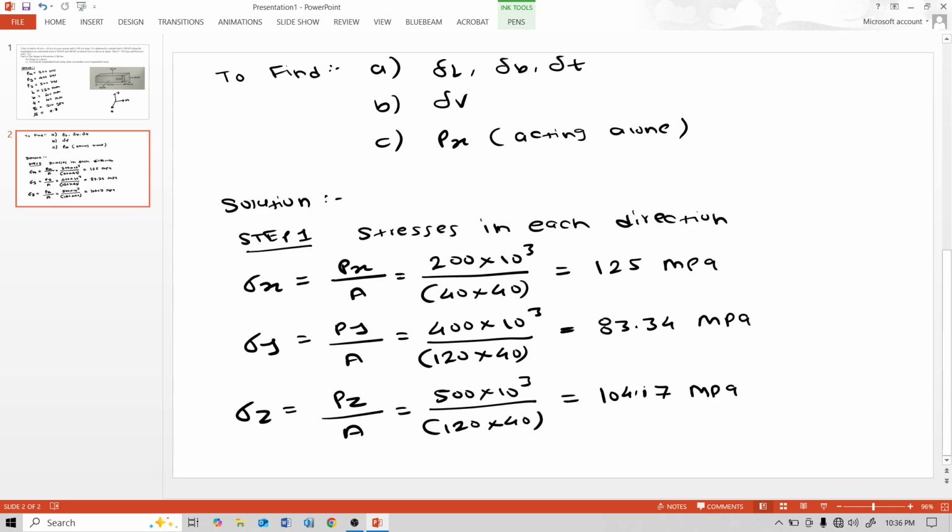Sigma x, sigma y, sigma z are the stresses in each direction for the rectangular bar subjected to triaxial loading. Now, next, step 2.